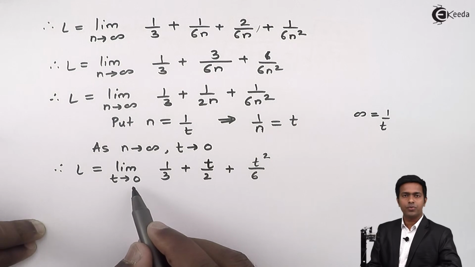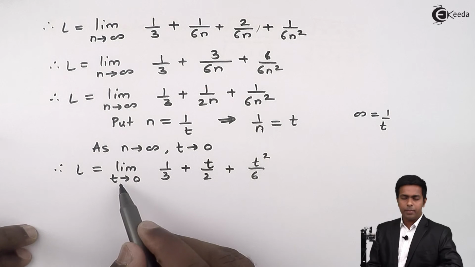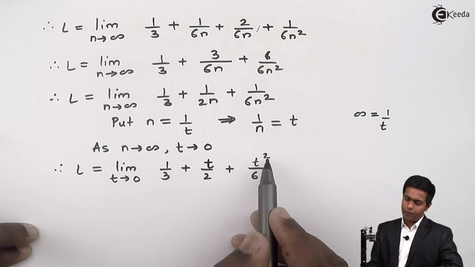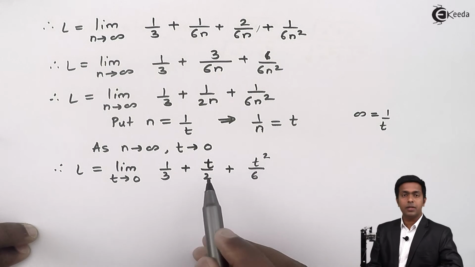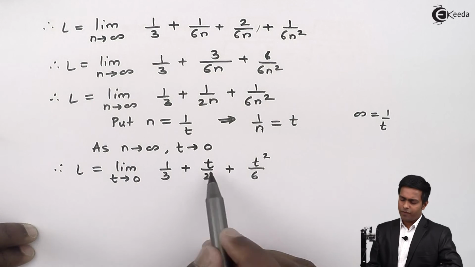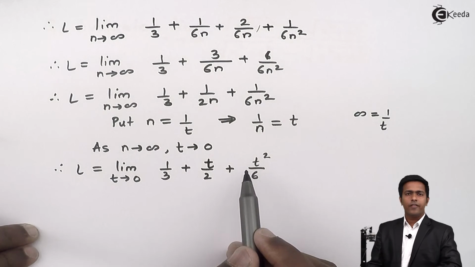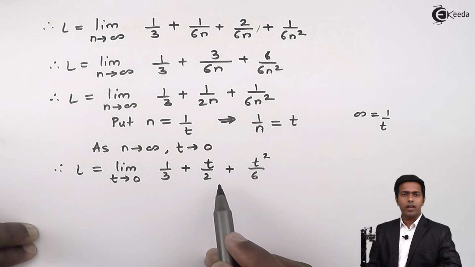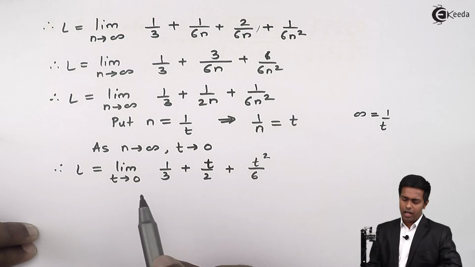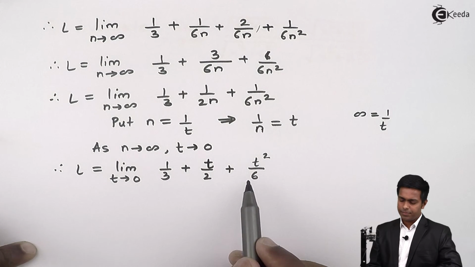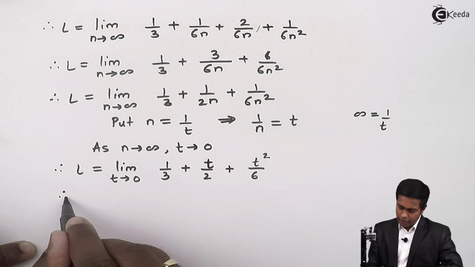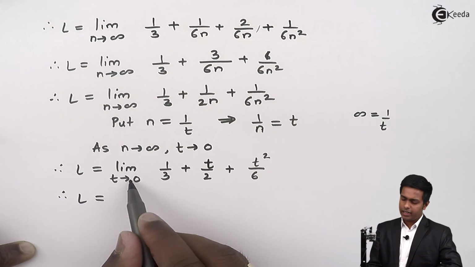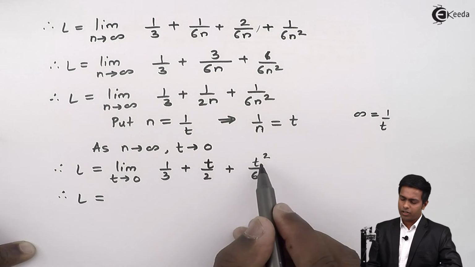Now we got the limit as a finite number, that is t tends to 0, and the function that we got is an algebraic function. Whenever we have an algebraic function, we apply the direct method, and by the direct method we evaluate the answer. So first of all I'll apply the direct method over here. We substitute the value 0 directly for t in the function.